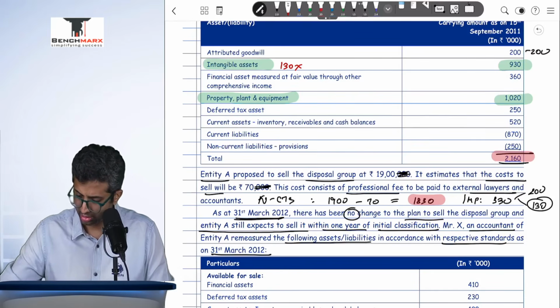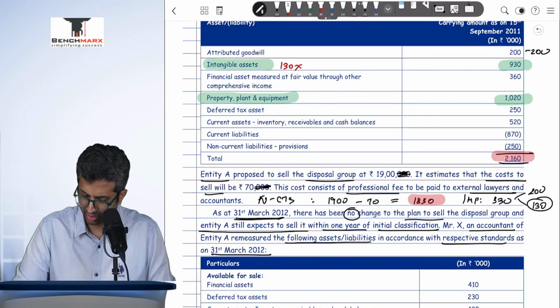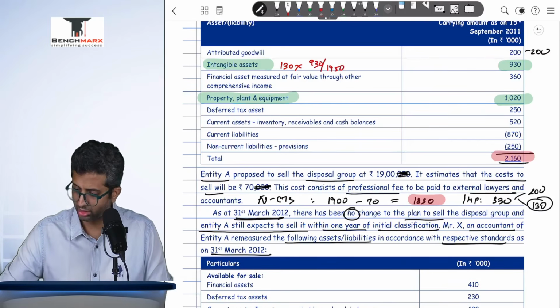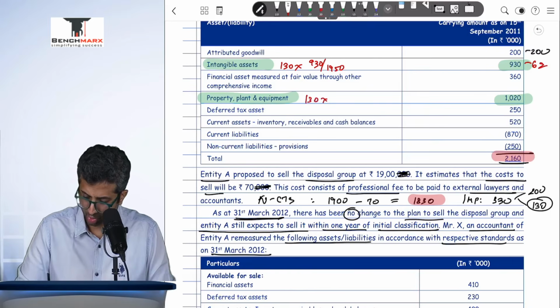130 into 930 upon what is this? 1950. 930 upon 1950. So this is 130 into 930 upon 1950. This is 62. And 130 into 1020 upon 1950.